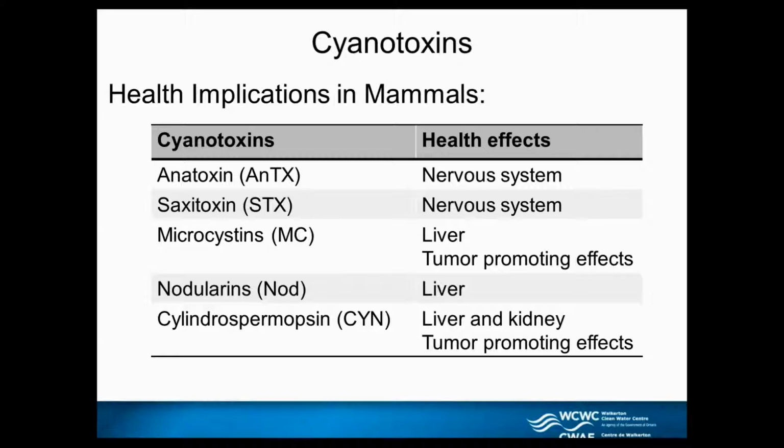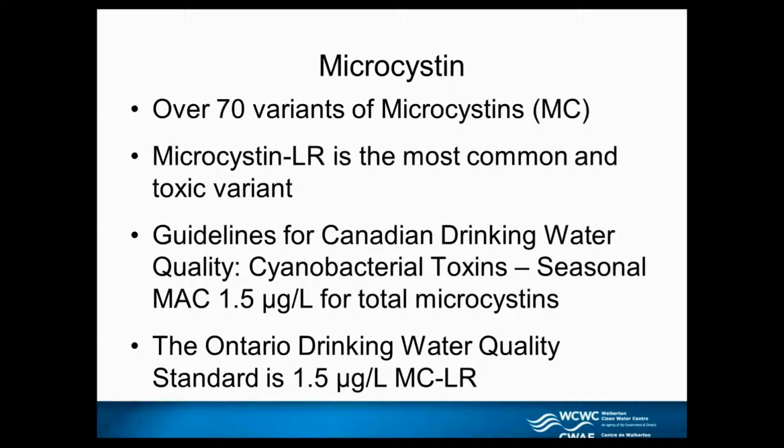Specifically, if we just look at microcystin, we even have variability there. We're looking at over 70 different variants or types of microcystins just within this microcystin group. Microcystin-LR is the most common and toxic variant of all of the microcystins. Juliette did a great summary on the guidelines for drinking water.